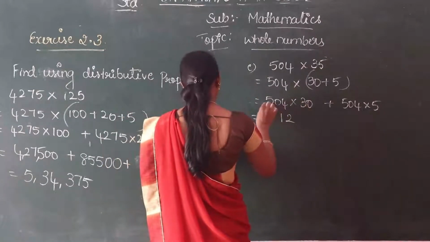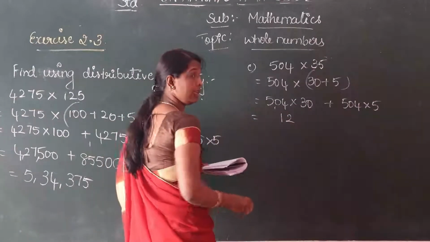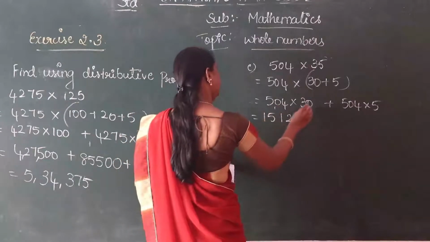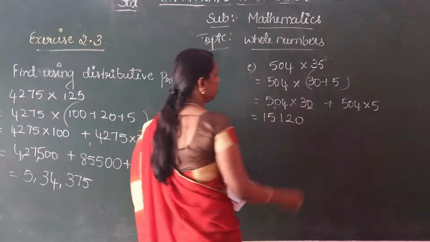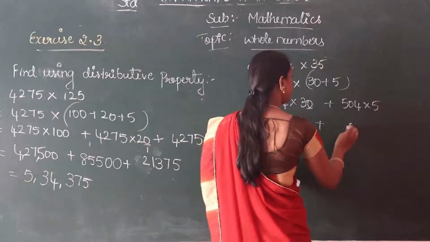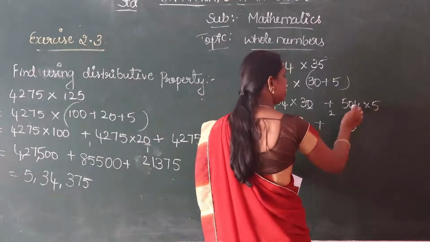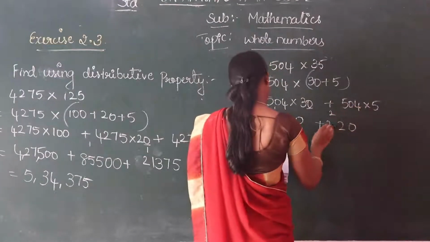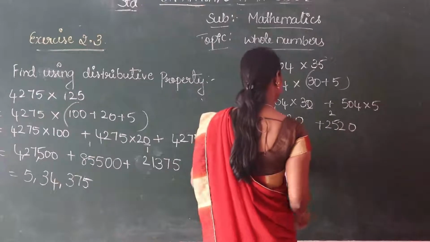Next 5 4s are 20. The remaining 1 zero right here, plus 5 4s are 20, for that 0 to carry 2, 5 zeros are 0 plus 2, 2, 5 5s are 25.